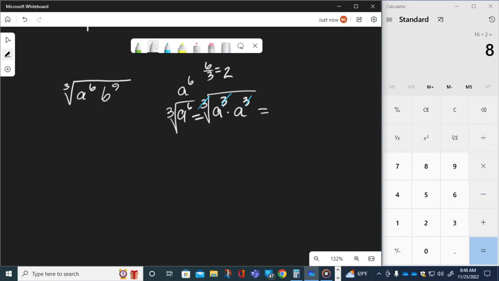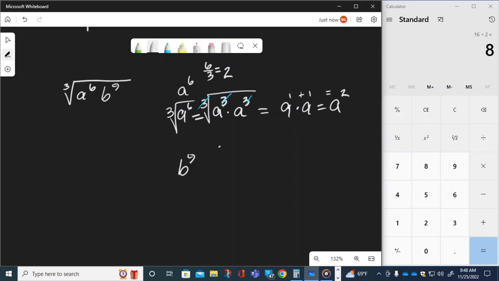And therefore, this is a times a, and that is equal to a to the power of 2, because you got this 1a and this 1a. 1 plus 1 equals 2. Okay? Now you got to deal with the b to the power of 9.